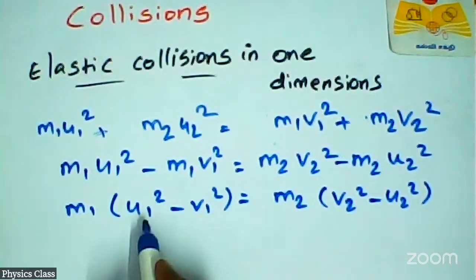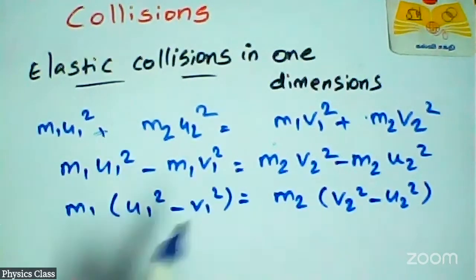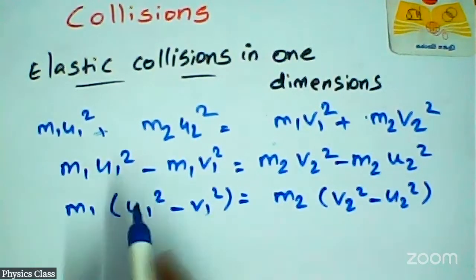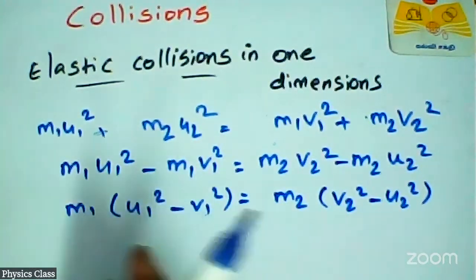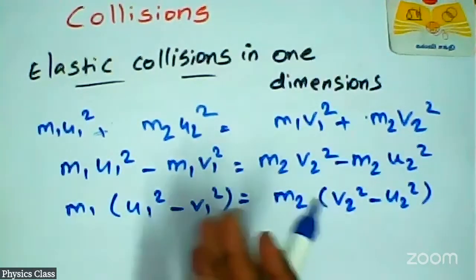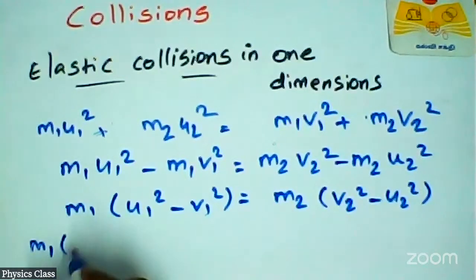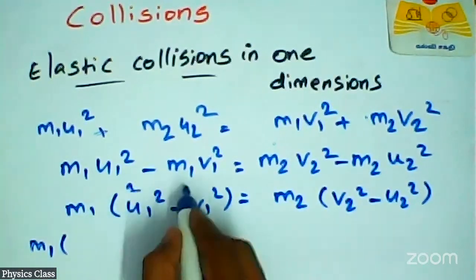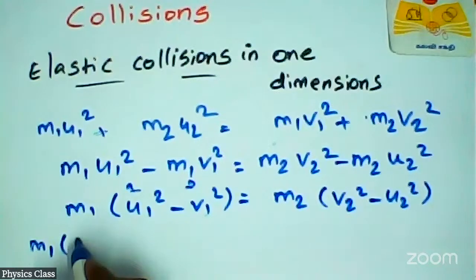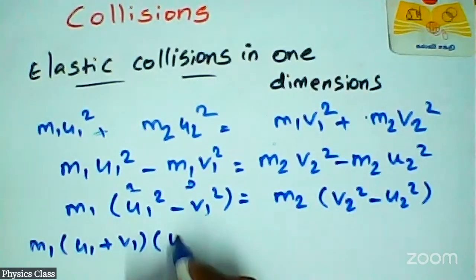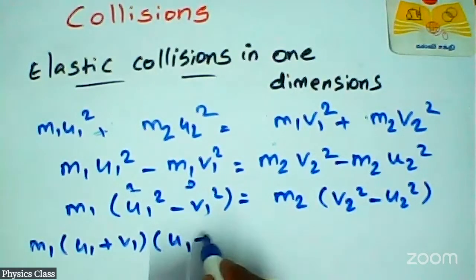We can recall the a square minus b square formula. A square minus b square means a plus b into a minus b. So m1 times a plus b, because this is a, this is b, so u1 plus v1 into a minus b, u1 minus v1.